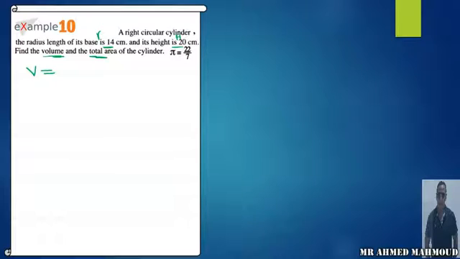The volume equals pi r power of 2 times height. Okay, 22/7 times 14 power of 2 times the height, which is 20 centimeters.